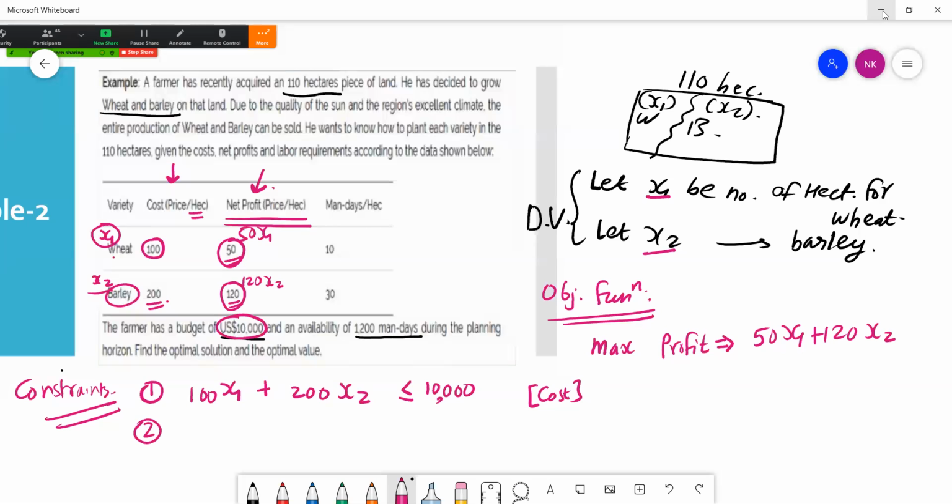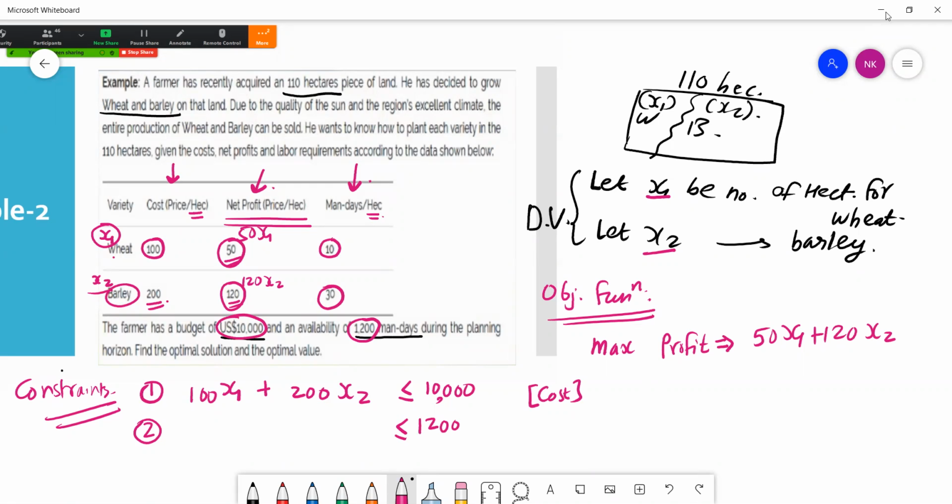Now the second constraint is the man days, the labors. How many days will the labors require? For the wheat, it requires 10 man days for each hectare, and for barley, it requires 30 man days for each hectare. Ultimately, they are having 1200 man days, so whatever value we have will be less or equal to 1200.